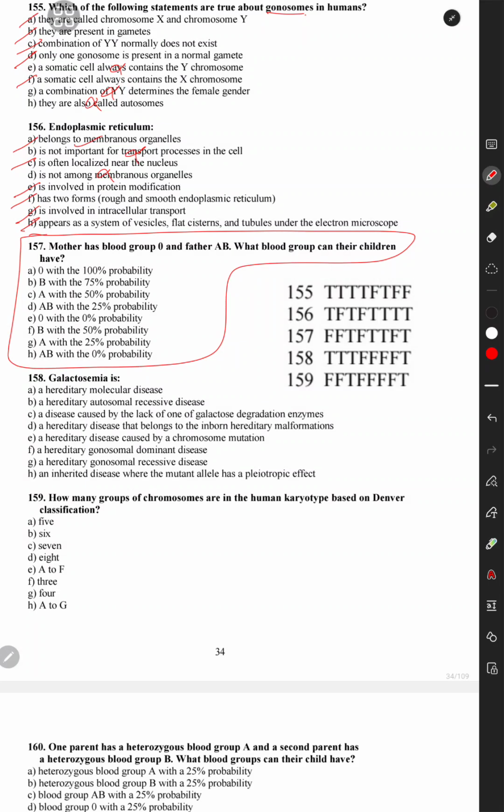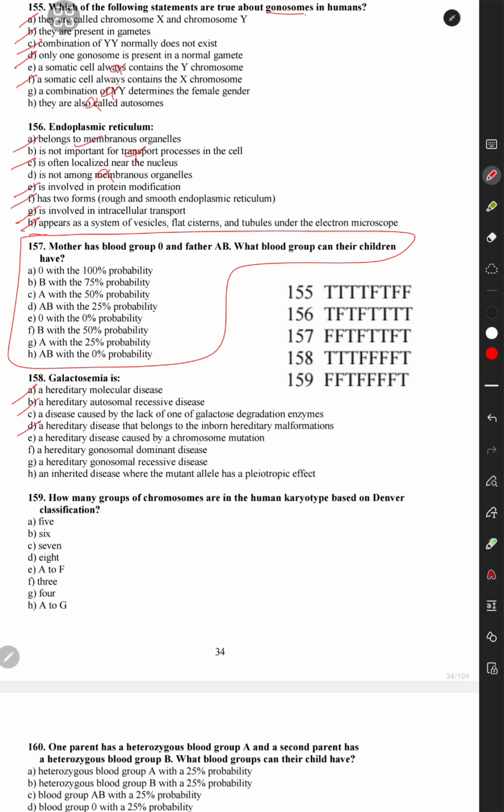Galactosemia is a hereditary molecular disease. Galactosemia is an autosomal recessive, somatic, hereditary molecular disease, a disease caused by the lack of one of the galactose degradation enzymes. This belongs to the inborn hereditary malformations.